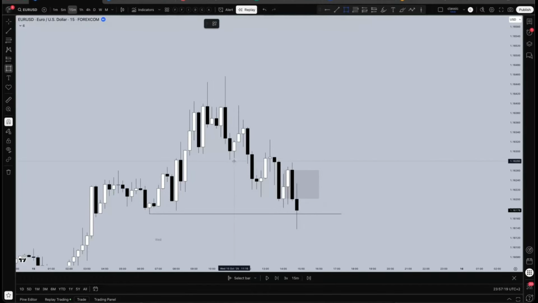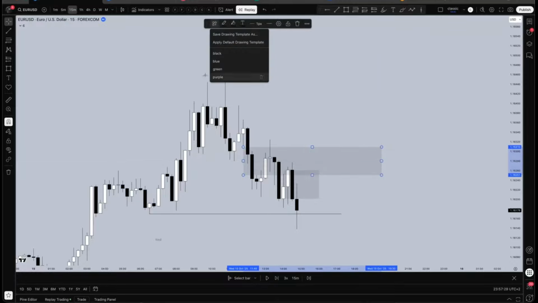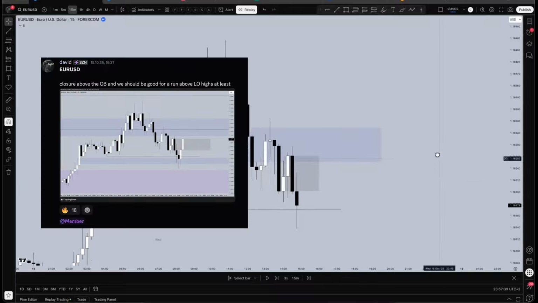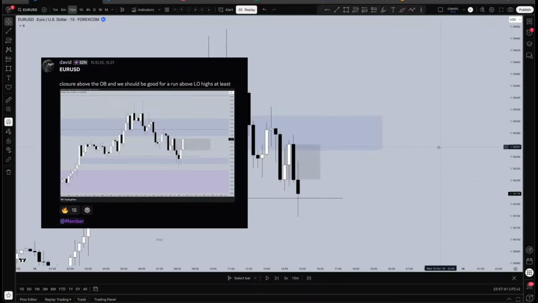We also have this imbalance here, which you can note as well. You can see price used this imbalance to form the bearish OB to then drop lower. But the predominant PD array in this case is definitely the bearish OB, and that is also the PD array which I used to define my change in order flow.